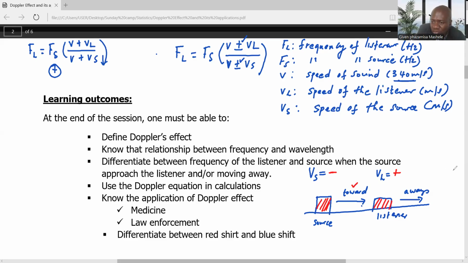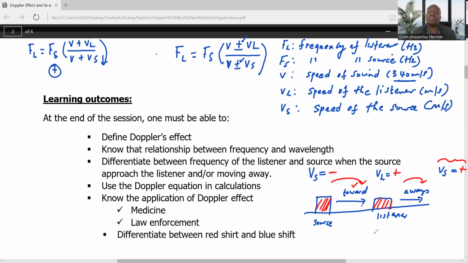still using that formula, you change the signs. If the speed of the source is negative when approaching, it will become positive when it is moving away. So you must always know that if I'm using a plus formula, Vs should be negative when approaching, then away, Vs should be positive.